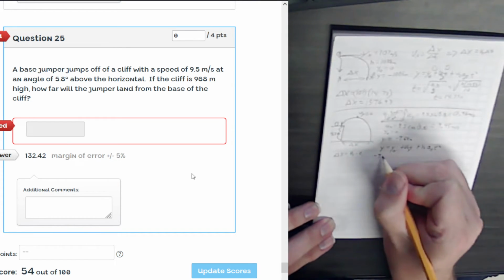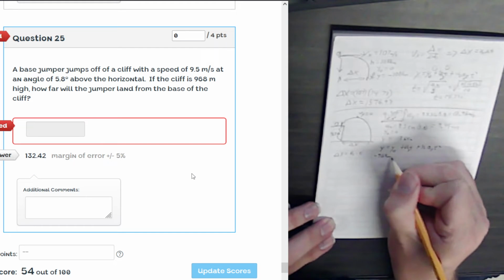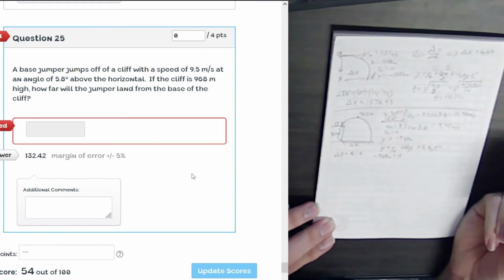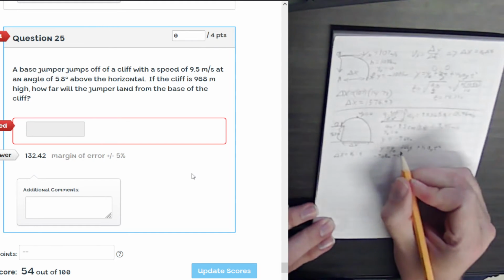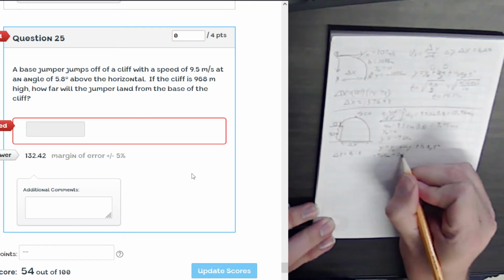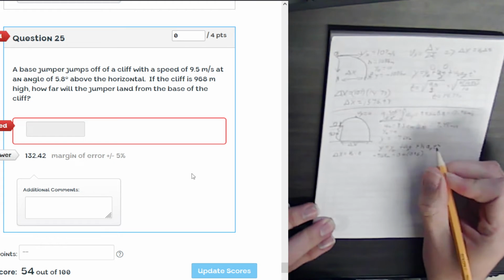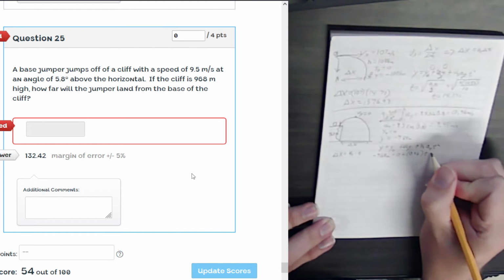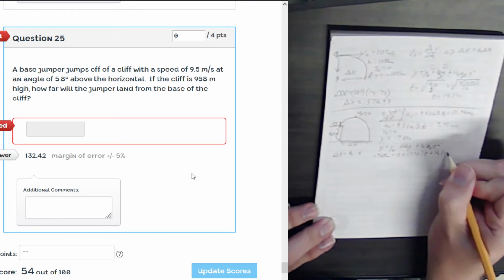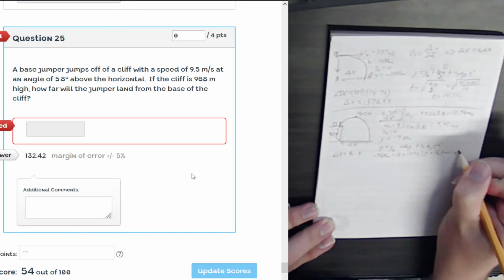So this is negative 968. Y naught is 0. It looks very similar to what we've done, but now we have a Vy. So this is 0.96 times t plus 1/2 times negative 10 t squared.